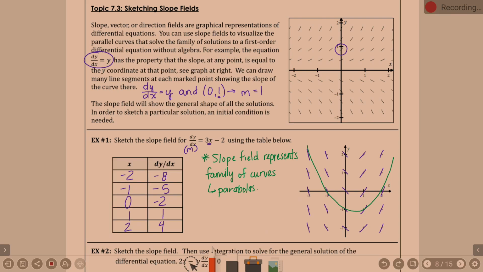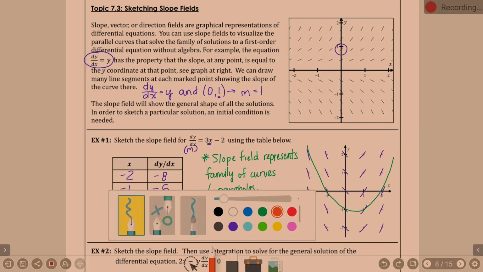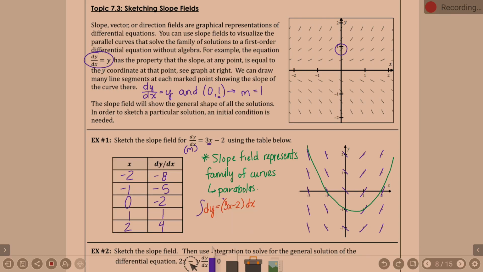If we take our differential equation and separate the x's and y's, sometimes this is easier said than done, you understand what I'm saying? So if I leave dy on the left, and I multiply my dx over, so it's 3x minus 2 dx. What can I do to this equation to find the possible original equation? You can integrate, yes?